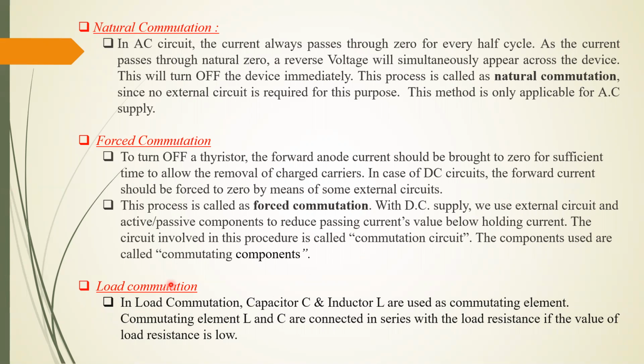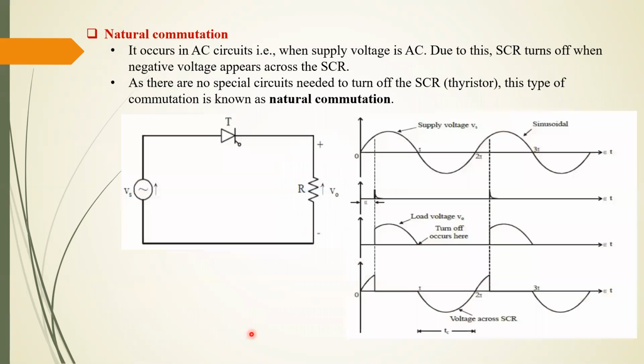The other method is load commutation. In load commutation, capacitor C and inductor L are used as commutating elements. These commutating elements L and C are connected in series with the load resistance if the value of the resistance is low. So let us consider how natural commutation works.